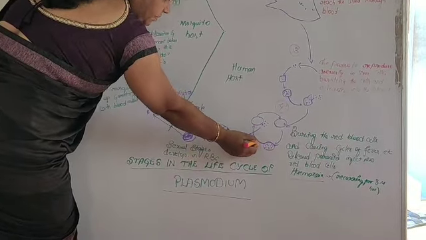Thus it is clearly mentioned that the sexual stage develops in RBC. In RBC cells, sexual stages develop.